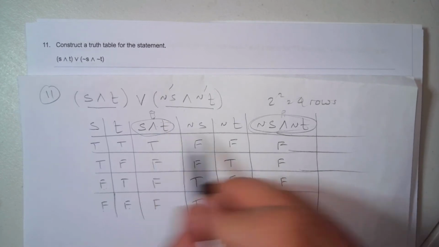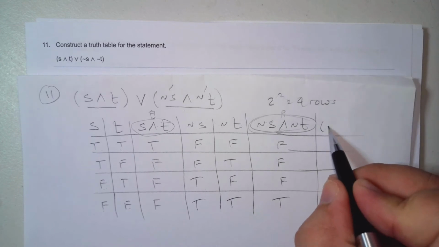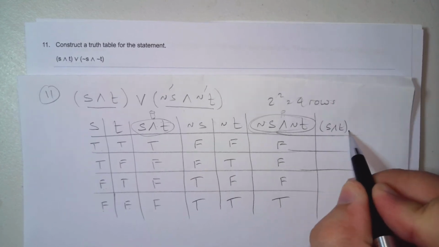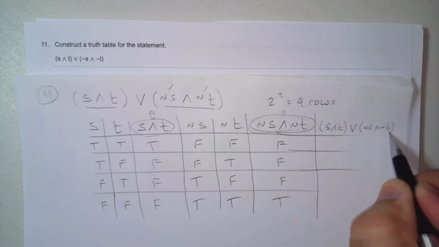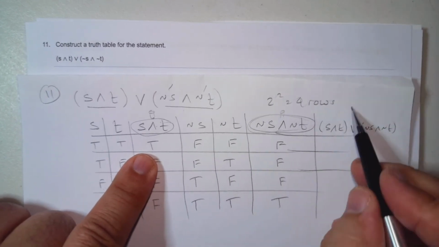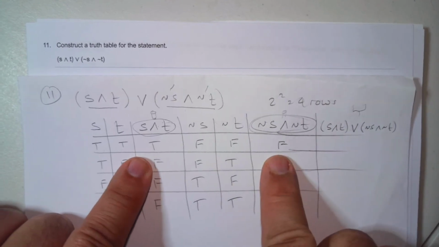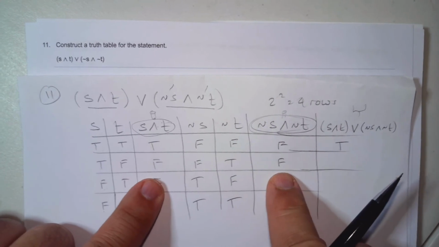So now we want to look at this and this column. That's what it says. We have to find the S and T, or not S and not T. We just look at these two columns. It's the OR statement, so that's that football goal. If either of them is open, it works. False, they're both closed.